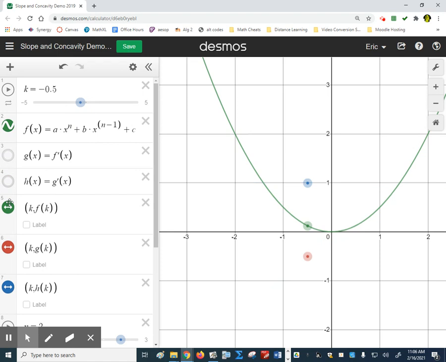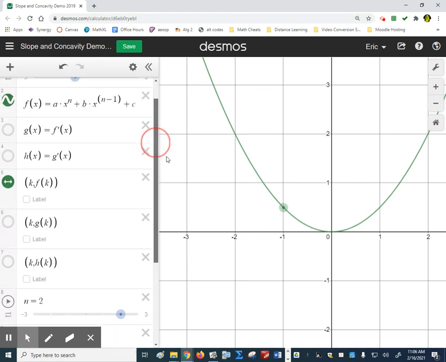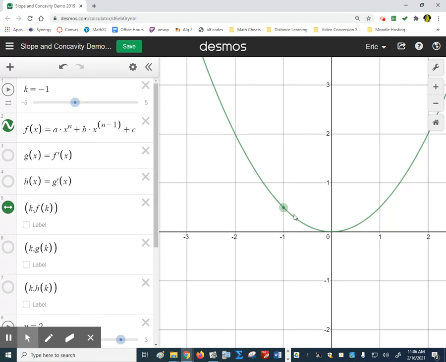Here's the function, f of x, just a regular old parabola in this case. We can bump this up to a cubic in a second, but there's a parabola. G of x is going to be the first derivative.